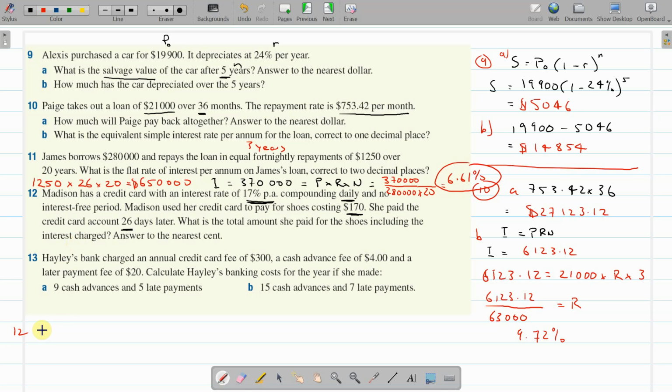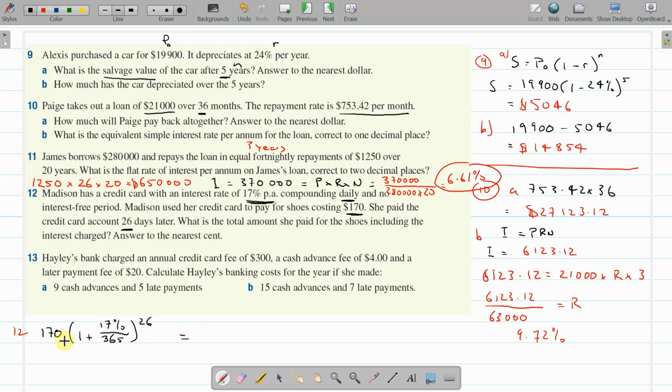Well, that would be the 170 that you paid plus the interest calculation. Now, what is it? 17% per year. And since it's compounded daily, we've got to find the 1 day's worth. So 365. That is the daily interest rate when you include the fraction, and just for 26 days. That'll give us the answer.